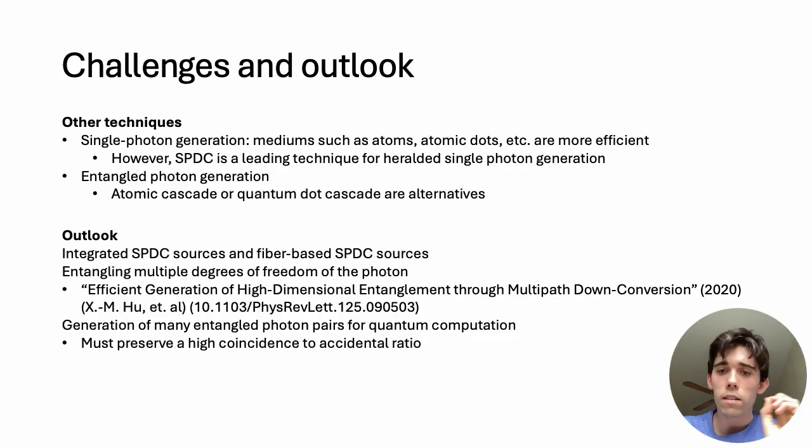And then I think a fundamental trade-off is that we want to generate many photon pairs at once for quantum computation, for example, but it's difficult to do so in a controlled way because this process does give random photon emission, and also increasing the pump power will increase the number of multi-photon emission accidents.